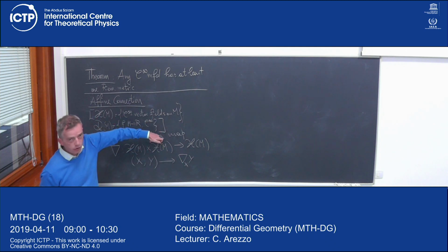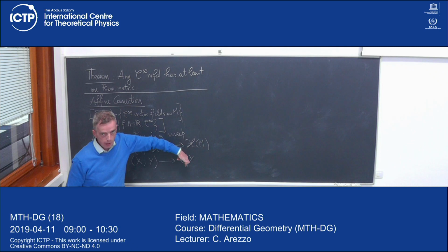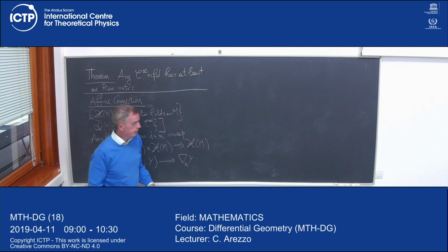We decide that the second one is the object that we are differentiating, and the first one is the direction in which we differentiate. And we distinguish them in this way by this symbol.